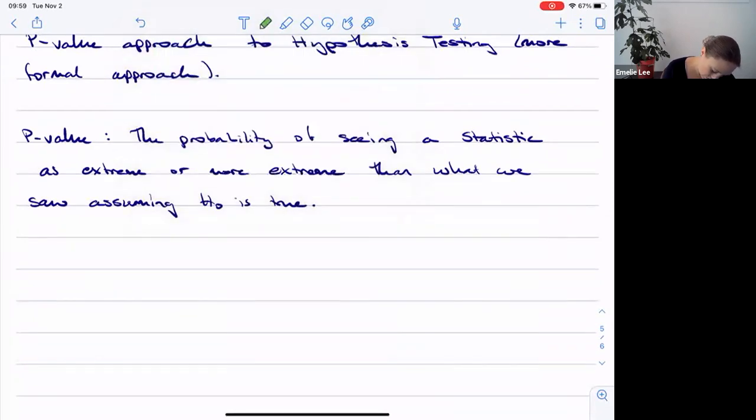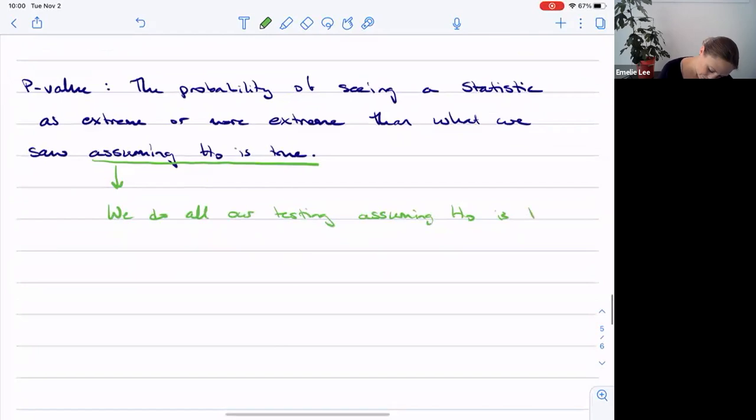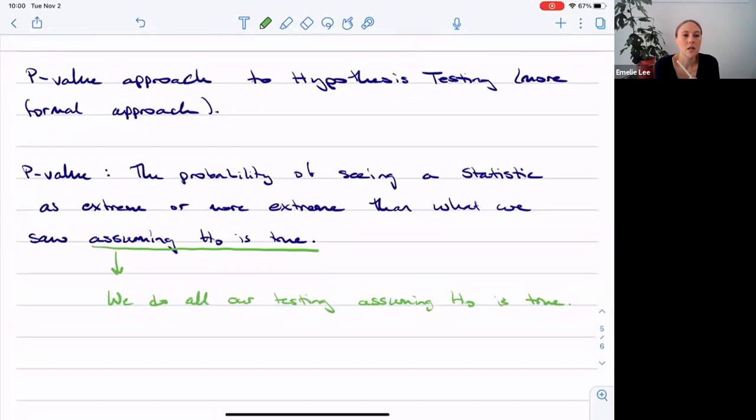I'm going to underline that because that's going to be really important. We do all our testing assuming H naught is true. So just remember, through every step, you assume H naught is true until you have proof otherwise.